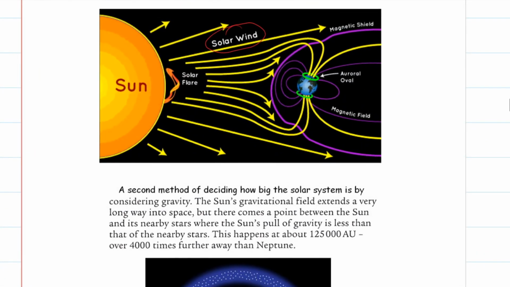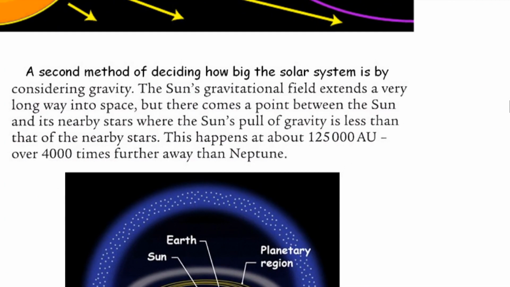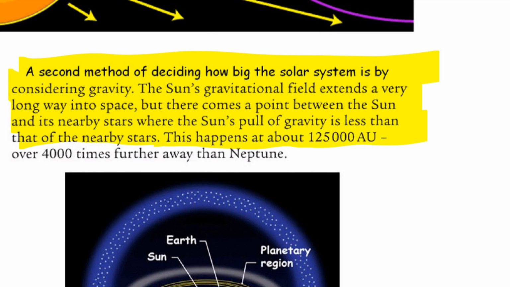A second method of deciding how big the solar system is by considering gravity. The sun's gravitational field extends a very long way into space, but there comes a point between the sun and its nearby stars where the sun's pull of gravity is less than that of a nearby star. This happens at about 125,000 astronomical units.